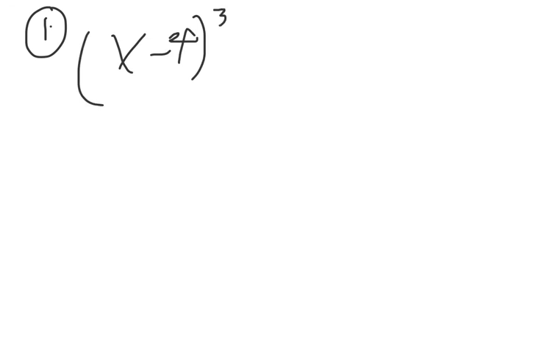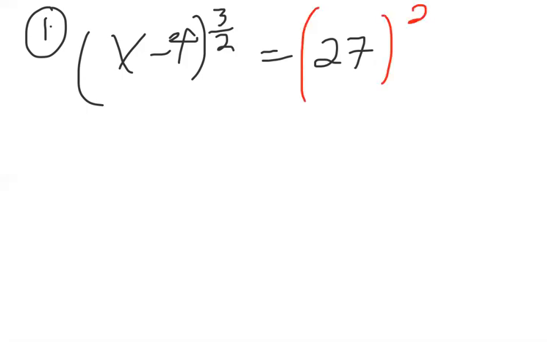Example number 1. So on this one, I have x minus 4 to the 3 halves power equals 27. I'm gonna use a different color. On this one, I want to eliminate that exponent of 3 over 2. So I'm gonna raise both sides to the inverse of 3 over 2, which is 2/3. This is where the calculator is going to come in handy, guys.